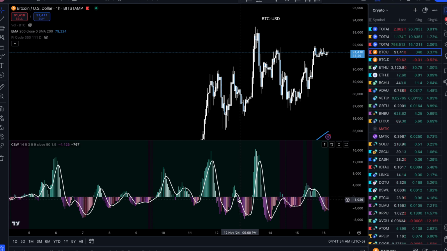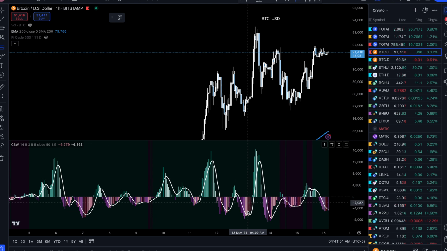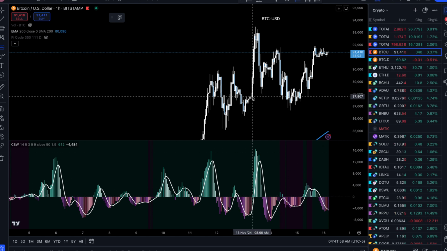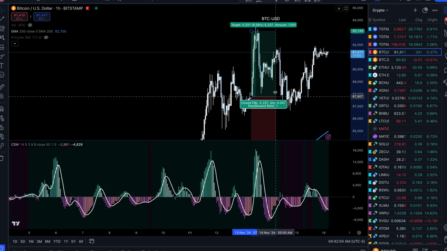It crossed down and started to build bearish candles with strong color. We are waiting because we want a bullish cross, since the market is basically bullish. Where the cross happens, we get ready. The line started to cross up, built the first green candle, and then the cross happened. Green candle, cross happened, bam, that's it.